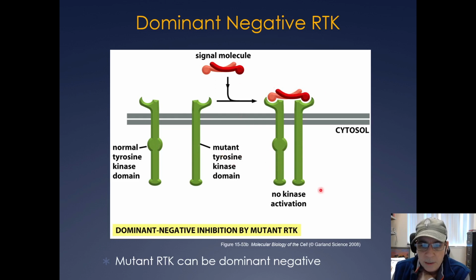So these dominant negative mutants in receptor tyrosine kinases have been very useful in studying them and understanding what they all do in various signaling cascades. And what's great about it is you can ectopically express these in just a mammalian cell culture to figure out what they're doing, right? Because they're dominant negative mutations.